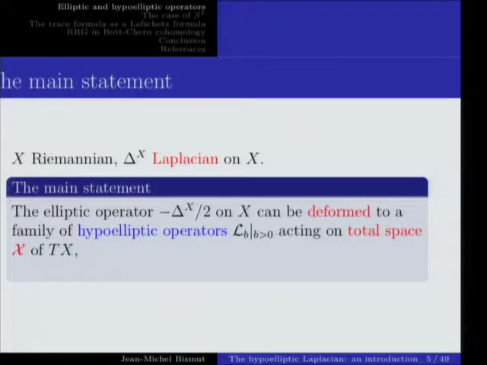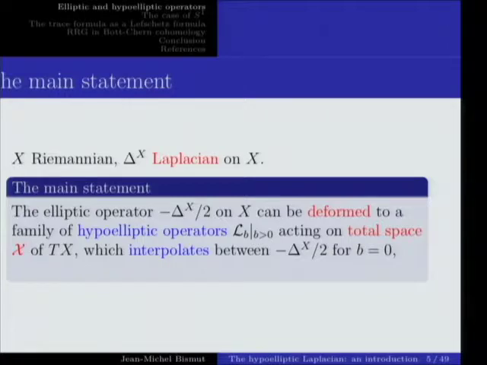It acts on the total space, typically of the tangent or, if you like, of the cotangent bundle. They are hypoelliptic, and this family interpolates between the original Laplacian for b equals 0 and the vector field, in this case the generator of the geodesic flow, for b equals infinity.